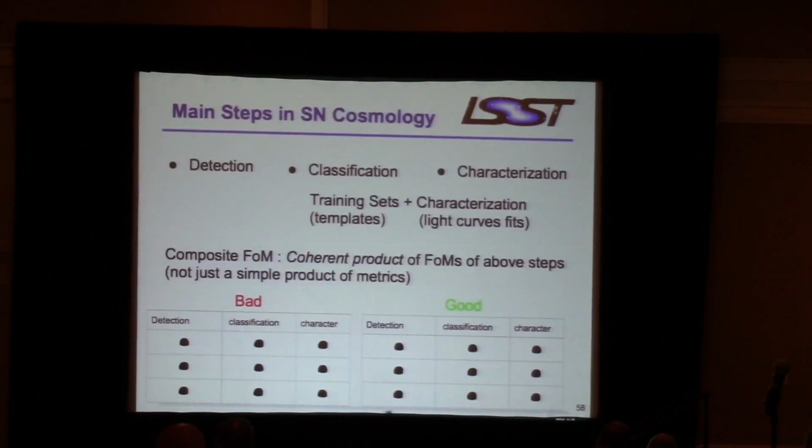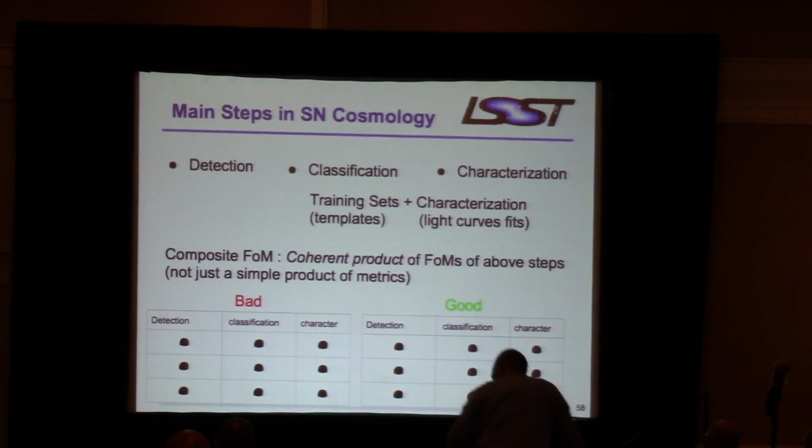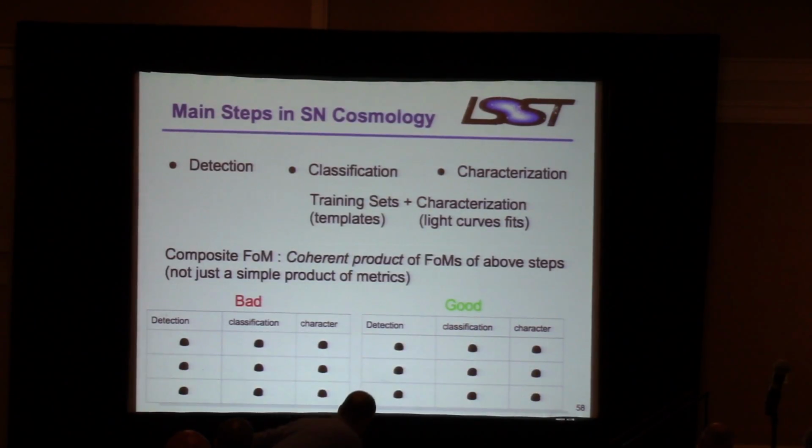And so we should evaluate this figure of merit over all sky, but different redshift slice information would be important. And so we think about this in 3 steps: detecting supernovae, classifying whether it's a type 1a supernova or type 2, and then characterization, by which I really mean obtaining distances from the light curve.